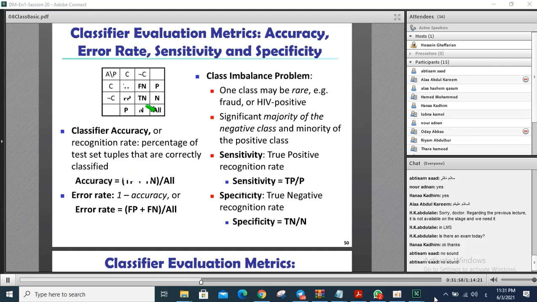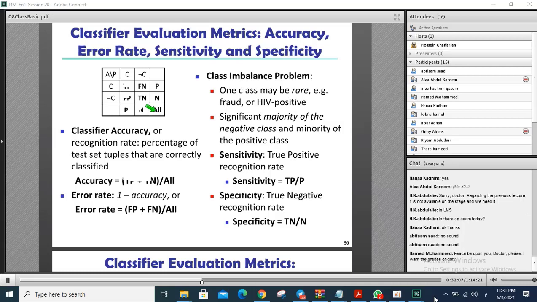According to this table, to the confusion matrix, we can define some measures for ourselves. For example, we can talk about the accuracy of the classifier in this way: true positive plus true negative divided by all. Look at this, all is here, the total number of records in this dataset.